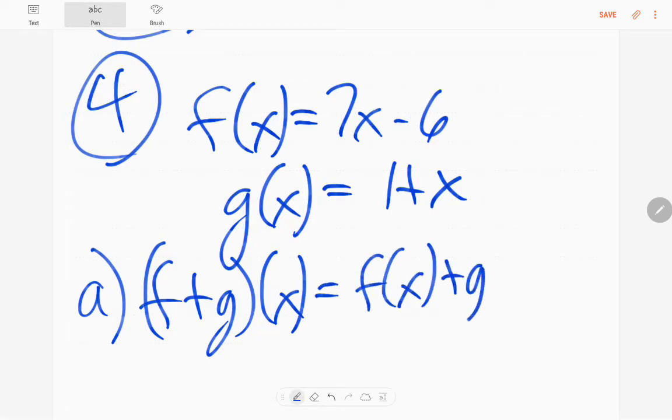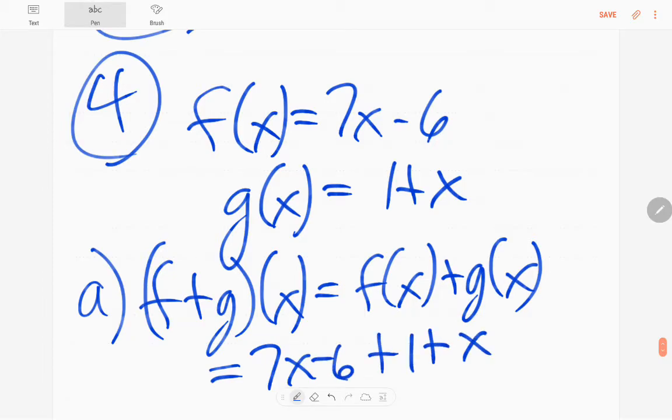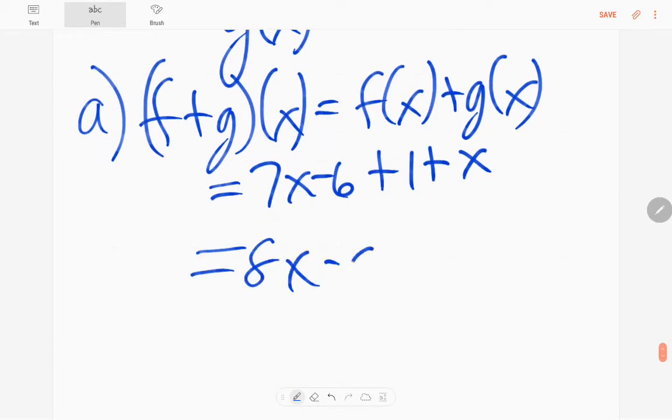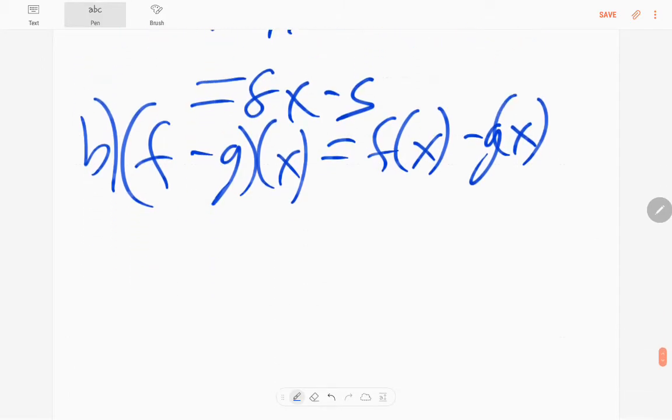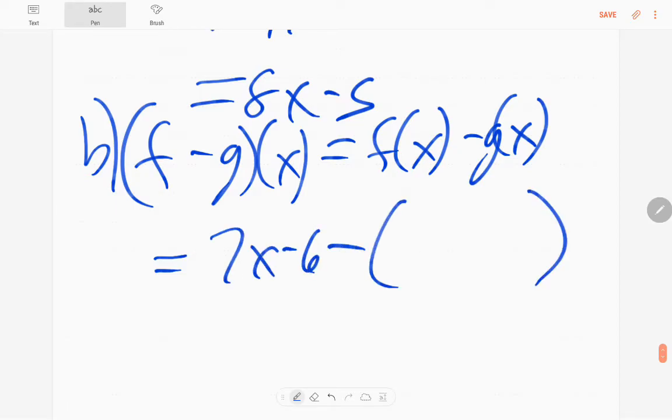That's just the sum of the two functions. f minus g of x, that's just the difference. And notice, by the way, I'm putting g in parentheses because I have to distribute that negative sign.